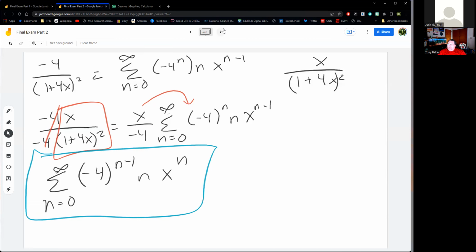Next thing they wanted us to do is find our radius of convergence. So if you cancel everything out from this, the radius of convergence is always going to end up being the number and the absolute value of x.